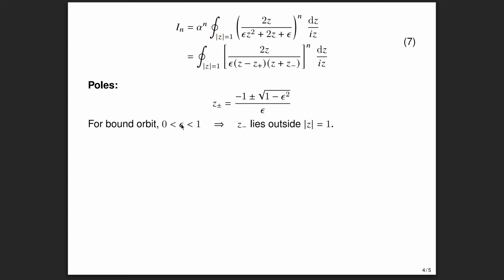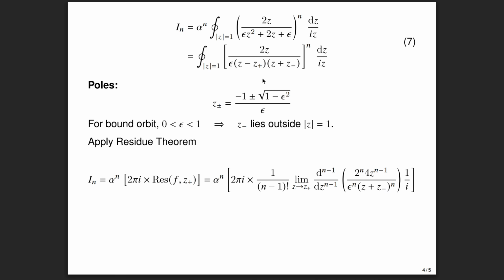But remember that for a bound orbit, eccentricity is between 0 and 1, and the expression for z plus and z minus is given by this equation, and since eccentricity is a positive number, it means that z minus lies outside of the unit circle.